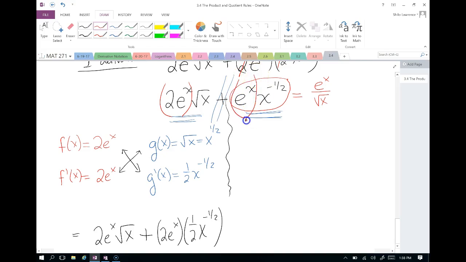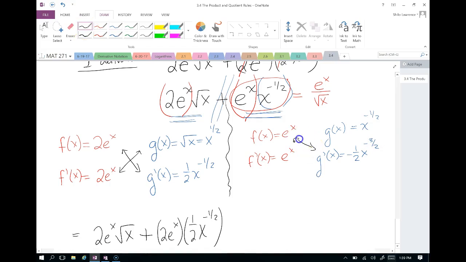So I'm going to let e to the x be my f of x, and I'm going to let x to the negative 1/2 be my g of x. To do the derivative with the product rule, I need each of their individual derivatives. The derivative for e to the x is e to the x. The derivative for x to the negative 1/2, we're going to do the power rule on. The old exponent comes out front, and we subtract 1 to get the new exponent.